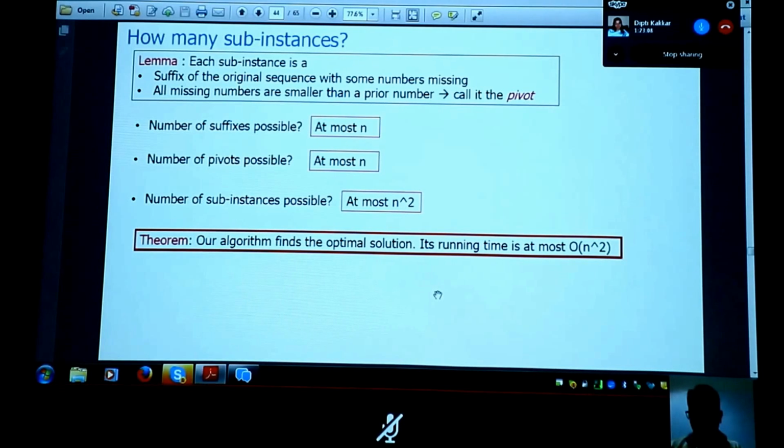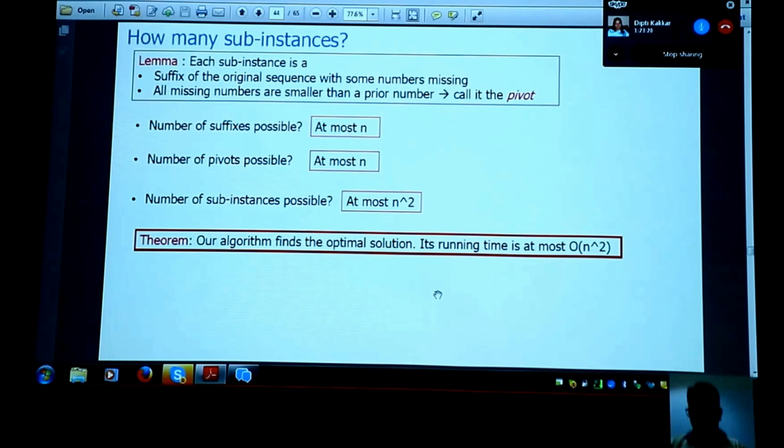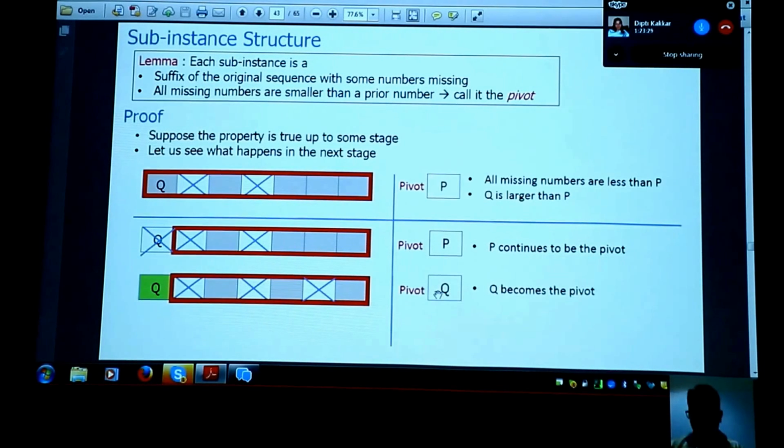Any questions so far? Say that again. No, pivot is just some auxiliary number given to you.